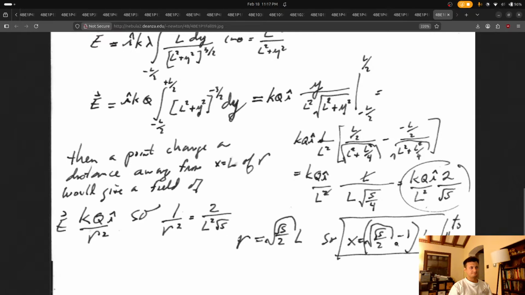Okay. Why is this -1 here? The point charge.